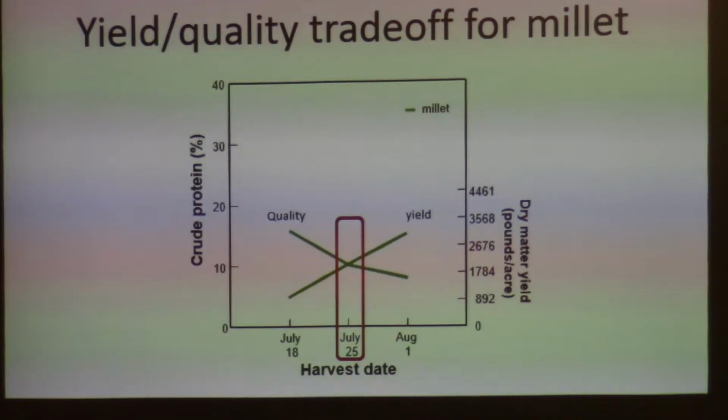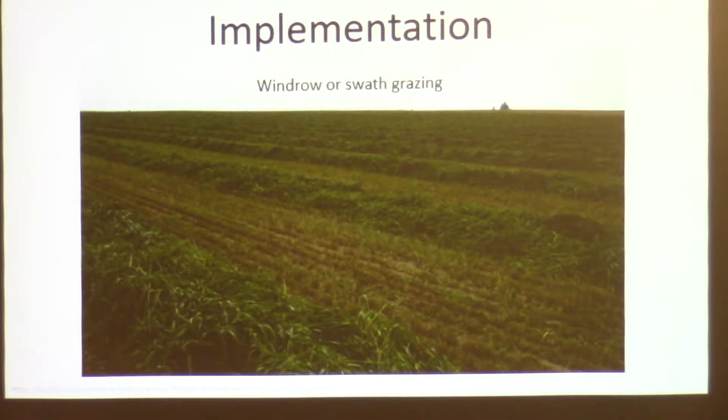Now, there's a question about what do you do with these, right? And that's an open question. So I found this picture from Nebraska where they've also been experimenting with annual forages to extend the grazing season. And this is a really kind of intriguing system where they're harvesting these annual forages and then putting them into windrows.